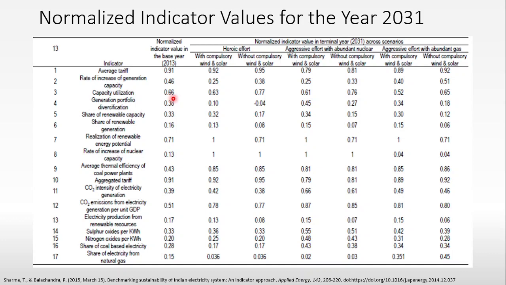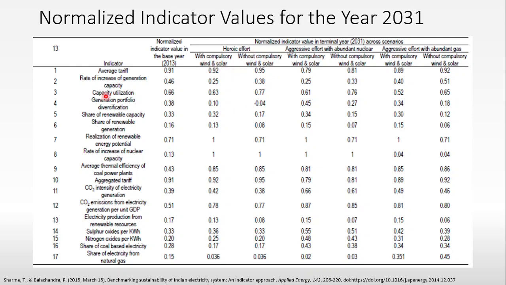With these scenarios, heroic effort, aggressive effort, and aggressive effort with abundant nuclear, they are considering nuclear power also in the scenario. And in aggressive effort with gas, that is natural gas turbine, instead of nuclear. And there are two other scenarios considered, with solar and wind and without solar and wind.